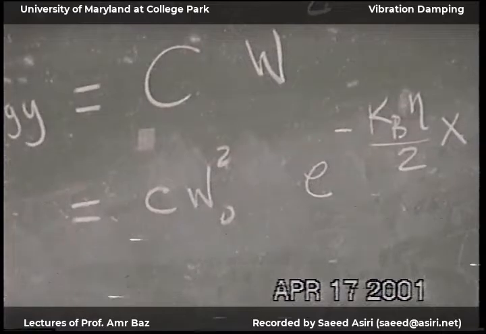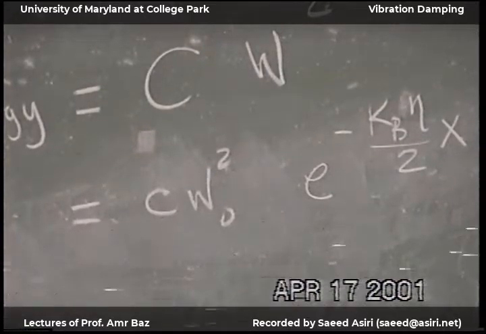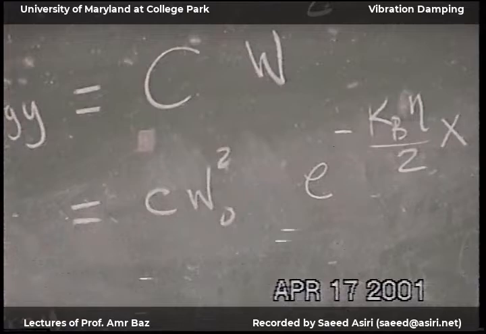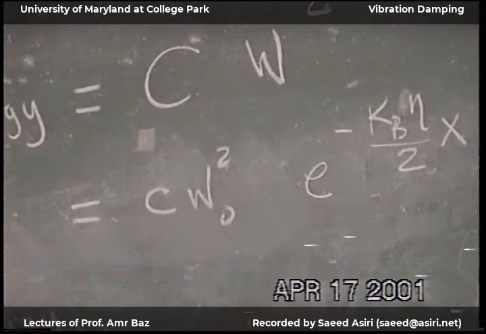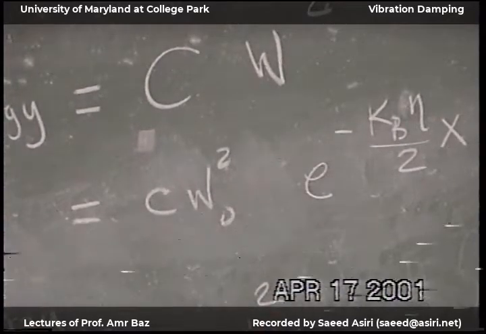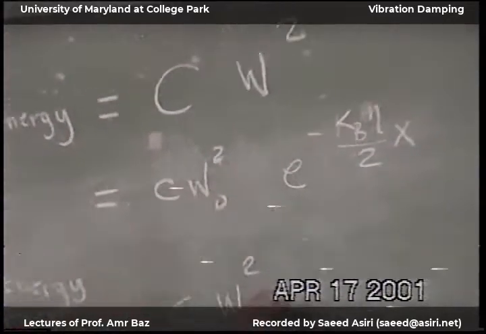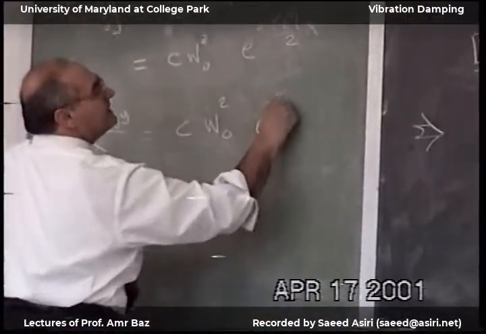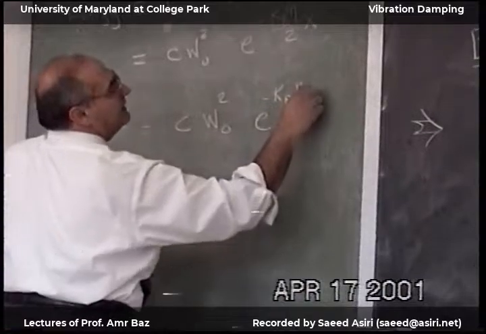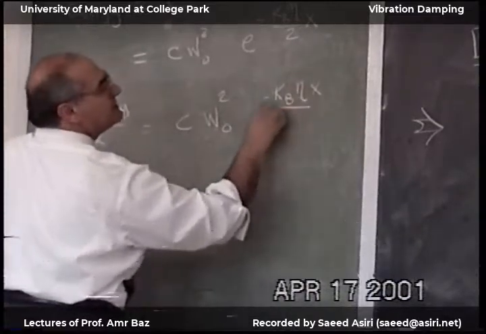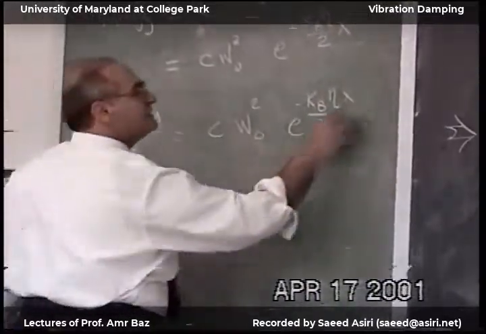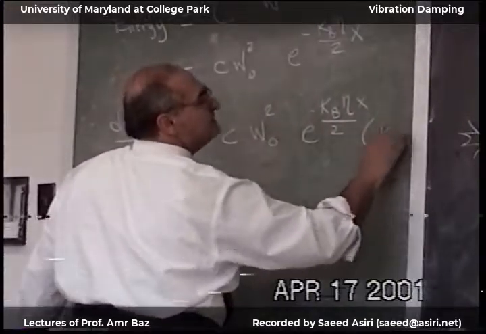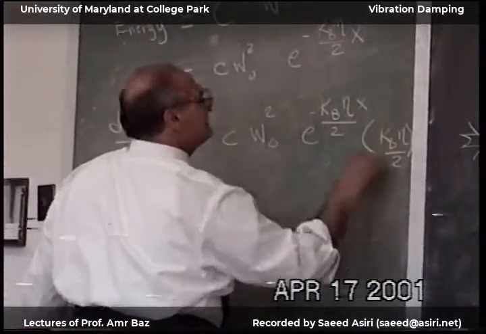Now let's take the D energy by dx. So this will equal to C W0 squared. The derivative of this term is equal to e to the minus k b eta x over 2 times k b eta over 2 and minus.